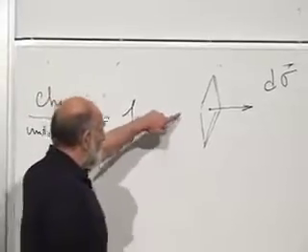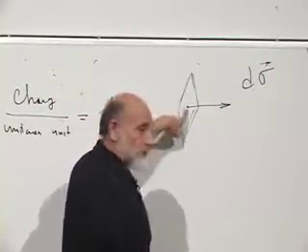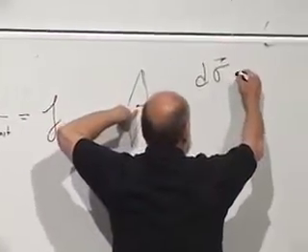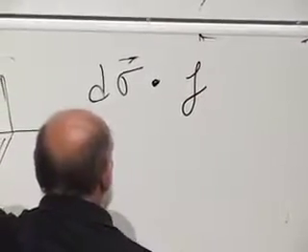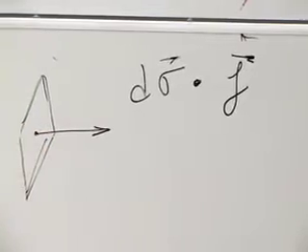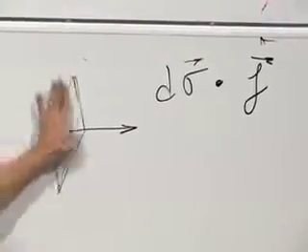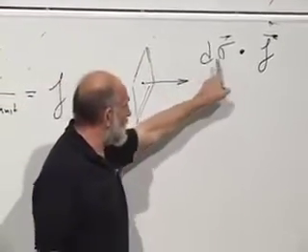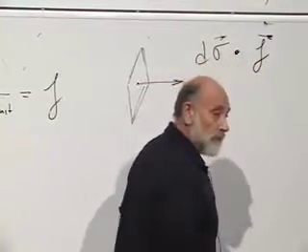If I want to know the amount of charge per unit time flowing through the surface element, then what I do is I take the dot product of the surface element with the current, both of them being vectors. If, for example, the current is flowing parallel to the surface, that means the current is perpendicular to d sigma, then this product is 0.